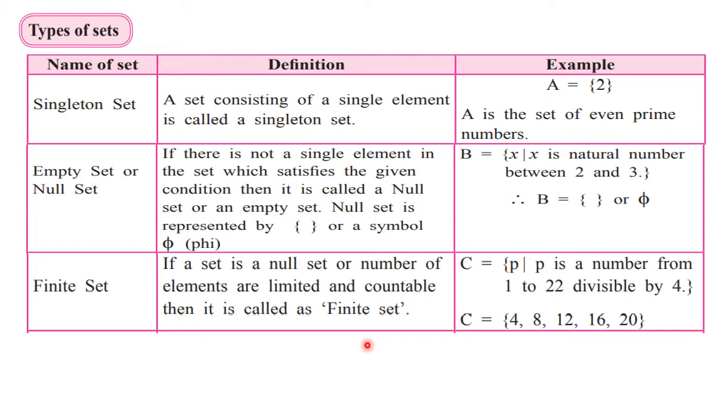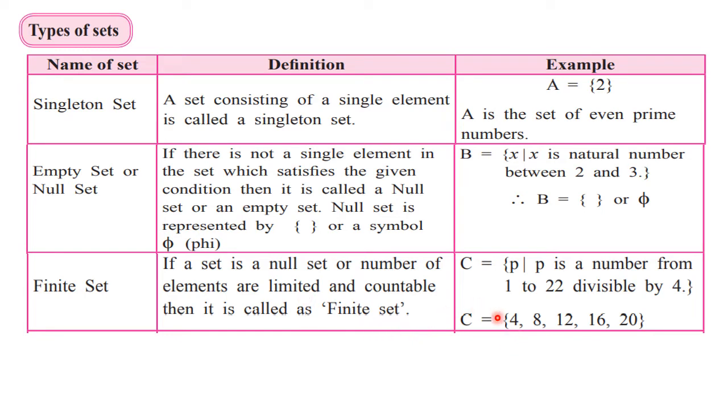So how we are going to define it? A null set also is a finite set because number of elements are 0. We can count. Singleton set also is a finite set because we can count number of elements 1. So if the number of elements are limited or they are countable, then that set is called as finite set.